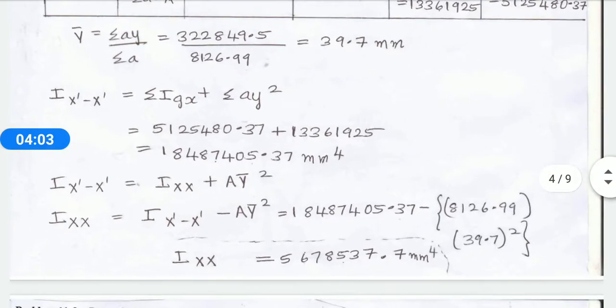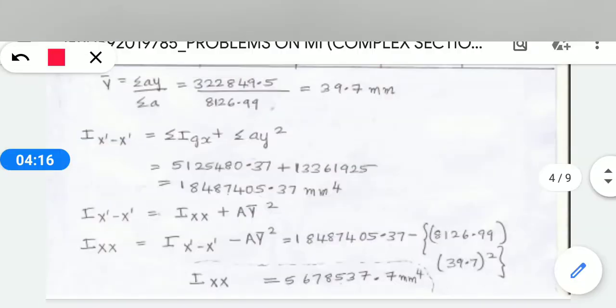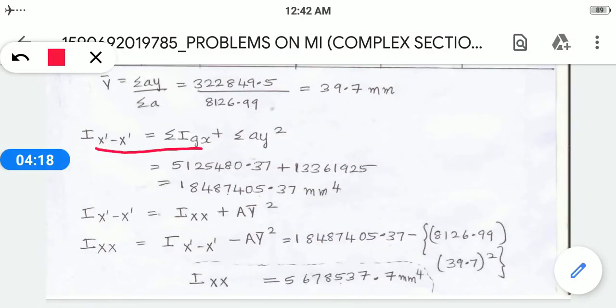That is I of xx is equal to I of your horizontal axis minus A y bar square. To find the I of the horizontal axis, which is equal to summation of Igx and summation of A y square. See here, this is the first formula we need to find. So what are our requirements? Igx we need to find, A y square we need to find.